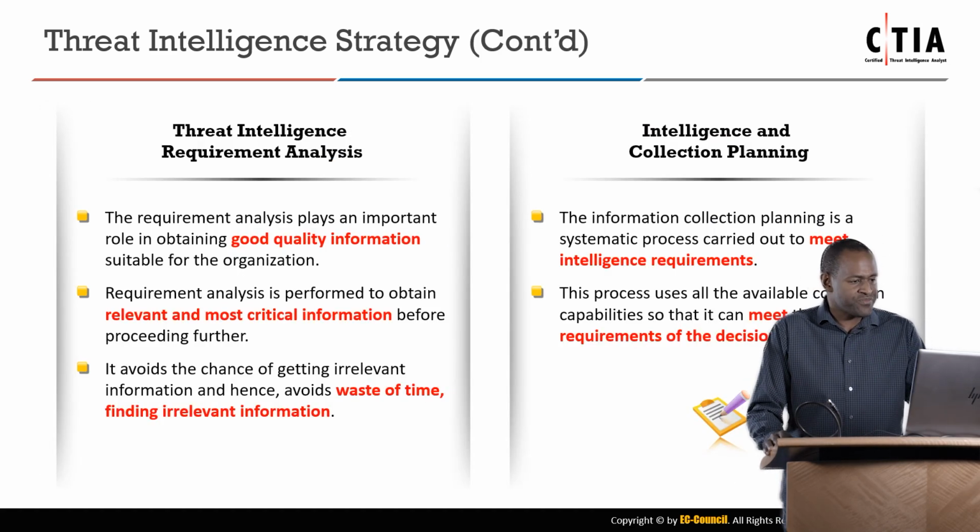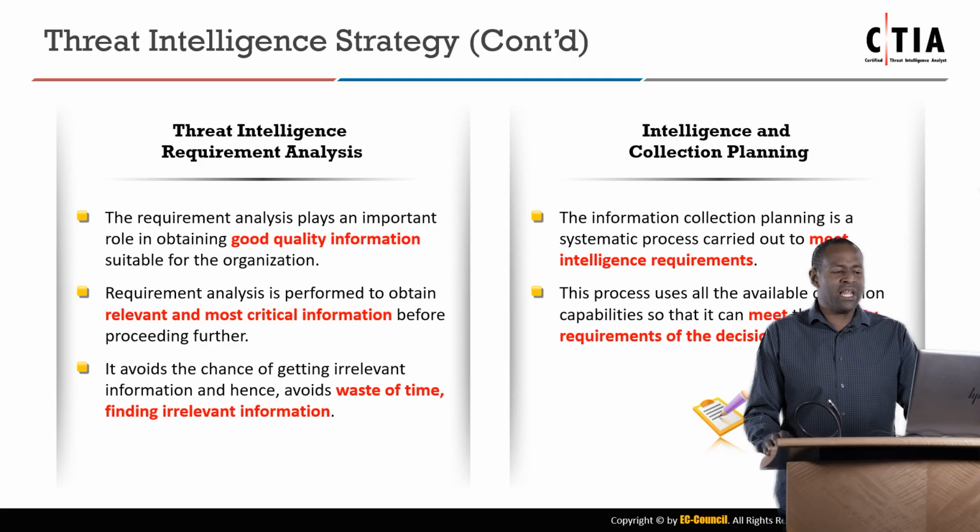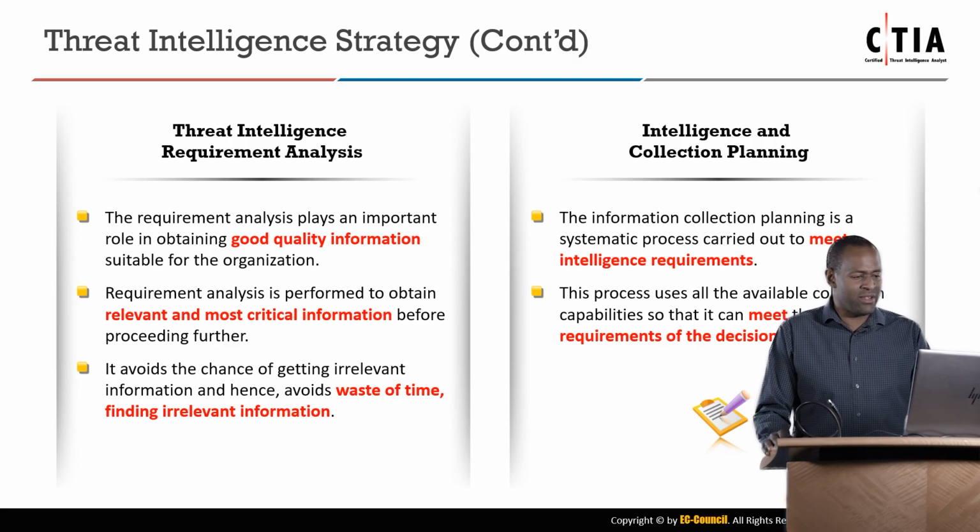So we have threat intelligence requirement analysis and intelligence and collection planning. For requirement analysis, this plays an important role in obtaining good quality information for your organization, for making sure that information is relevant, for avoiding the chance that you have irrelevant information, making that report a waste of time.